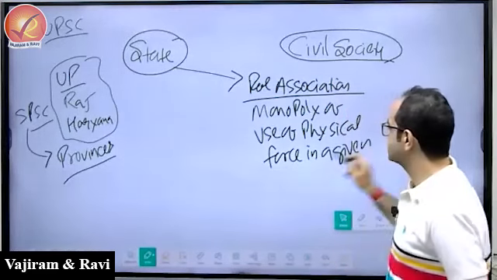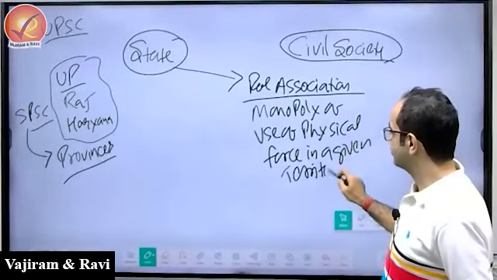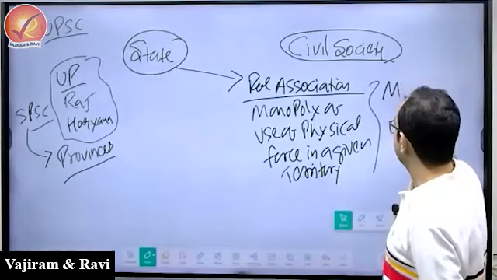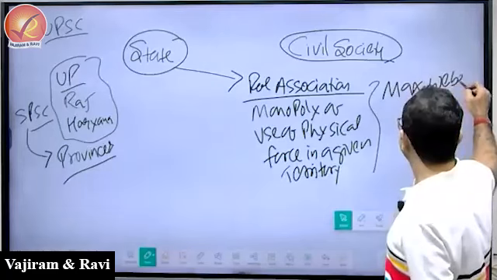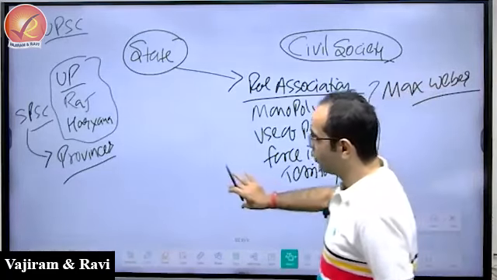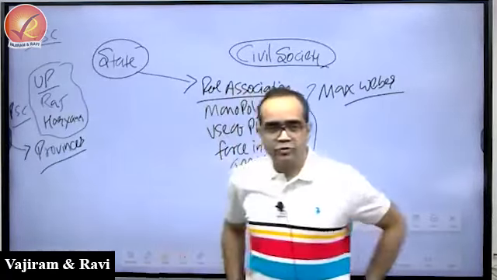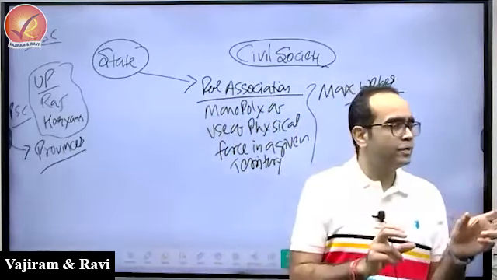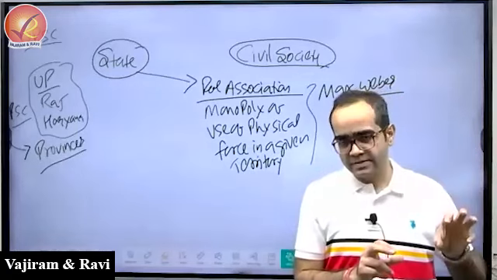This definition was given by a famous sociologist, Max Weber, whom we'll be discussing. If anybody asks you what is a state, you will not say the state of UP, Haryana. These are the meaning of provinces.